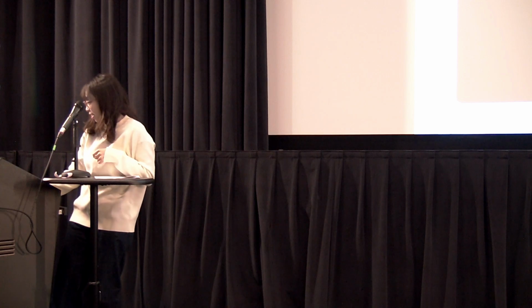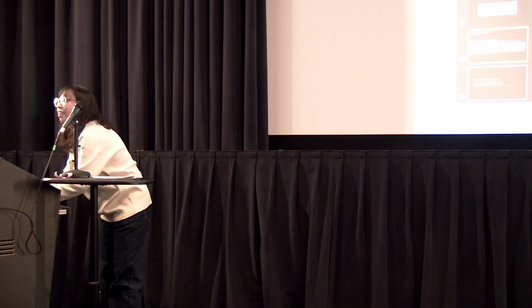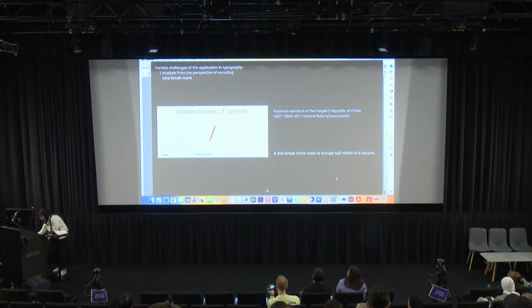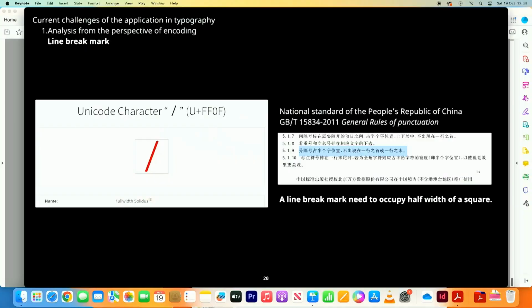But in our punctuation standard, it says it should only occupy half width. So these two documents don't match. Also, no matter whether you change your input method language or not, it will just show the same result, which is the one used for Latin script. So this is also a shared code point punctuation.